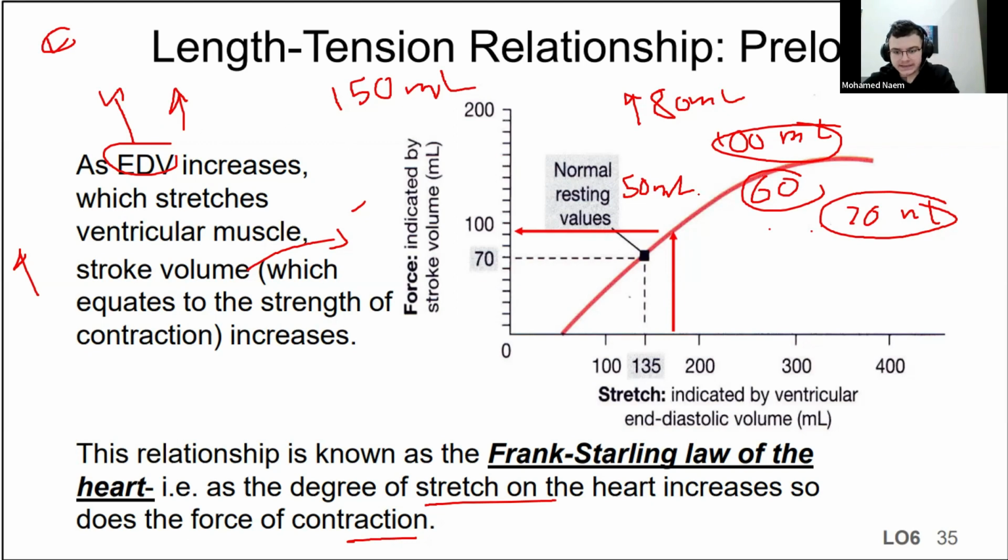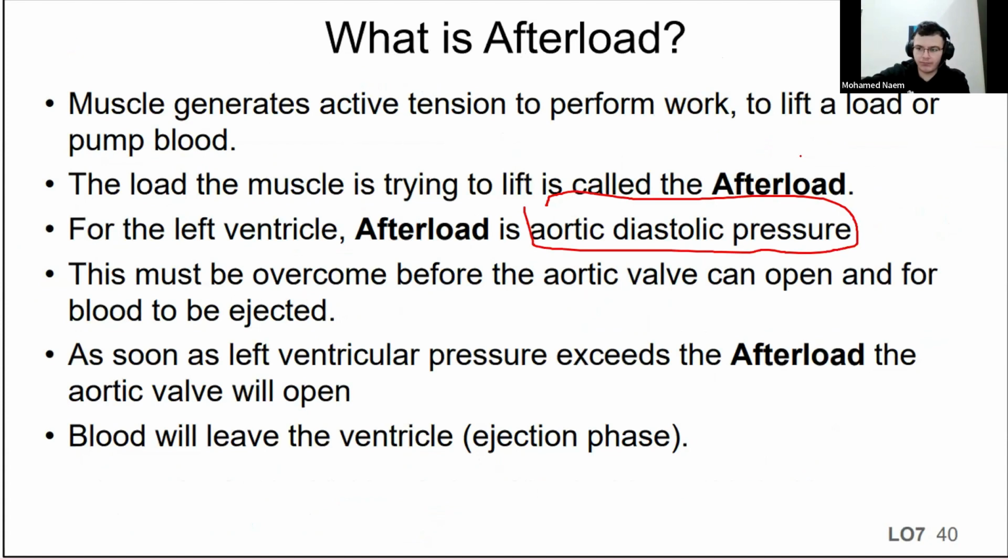The afterload is the force that we're working against, the force that we're trying to become higher than, which is the aortic pressure, the pressure in the aorta. So the preload is the amount of blood inside the ventricle, and the afterload is the pressure inside the aorta. Is it clear?